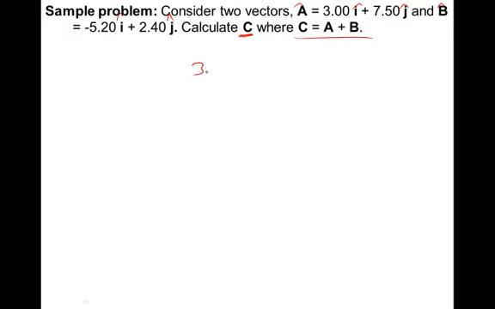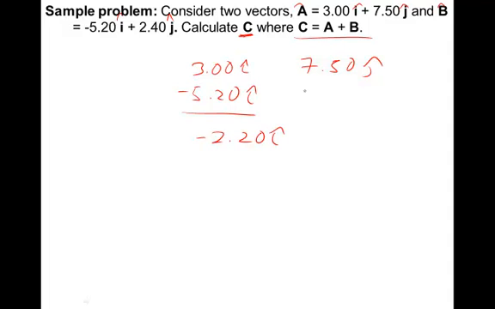So we've got 3.00 i hat, and for the other vector, we have negative 5.20 i hat. And I can add those two together to get negative 2.20 i hat. For the j hat part, we had 7.50 j hat, and then 2.40 j hat.